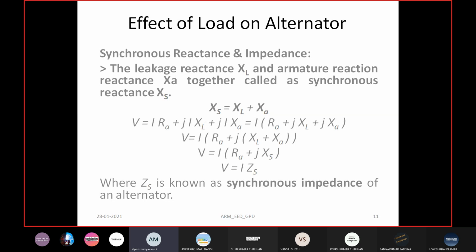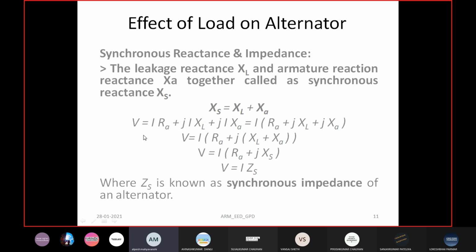Now if we combine these three voltage drops, the armature resistance drop, the leakage reactance drop, and the armature reaction reactance drop, then we can write V is equal to the voltage drop due to the armature resistance, plus j into IXl, the voltage drop due to the leakage reactance, plus j into IXa, the voltage drop due to the armature reaction reactance.